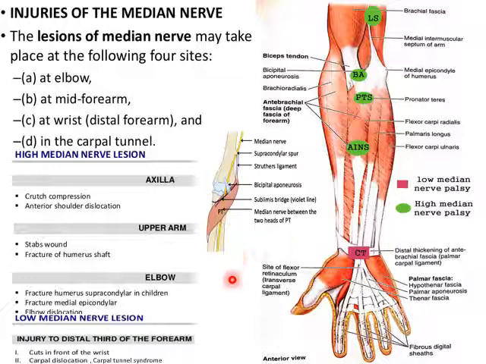Usually it is the lunate dislocation that compresses the median nerve, decreasing the space within the carpal tunnel.